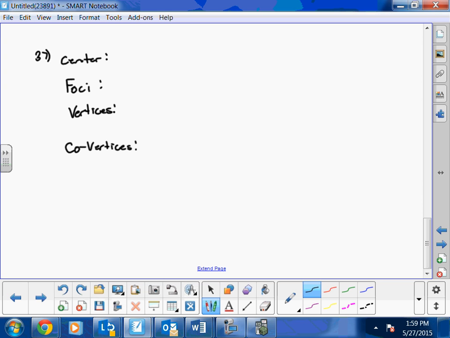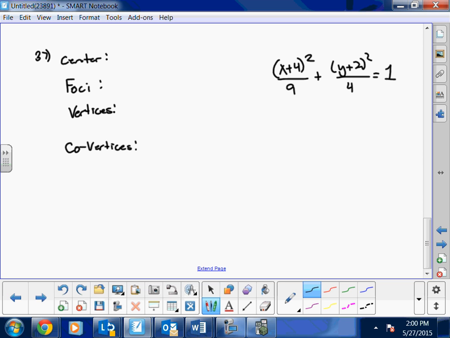Now let's look at x plus 4 squared divided by 9 plus y plus 2 squared divided by 4 is equal to 1.